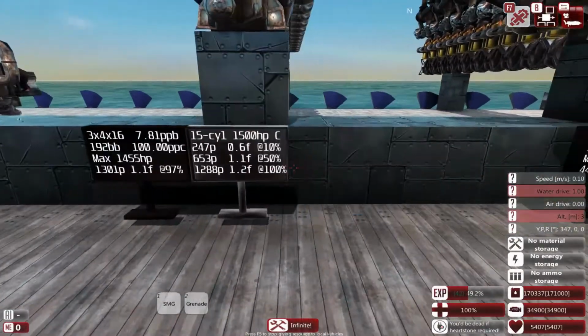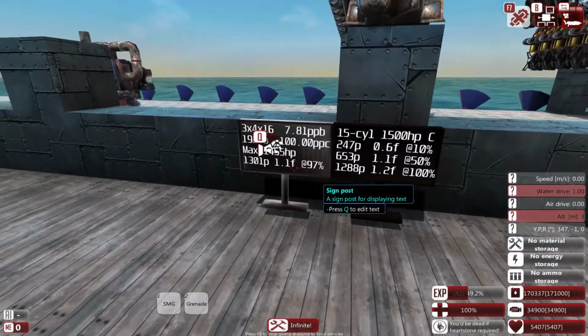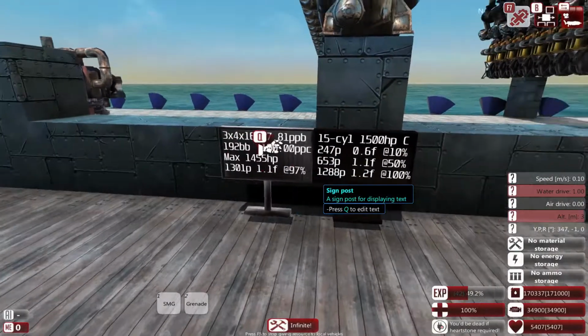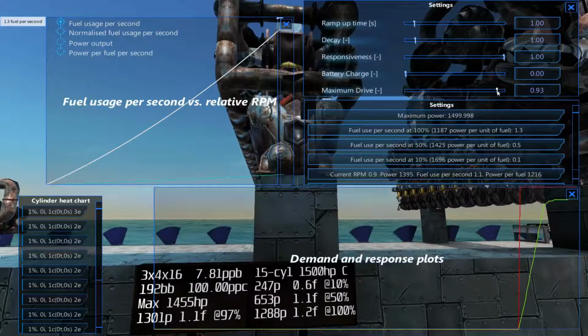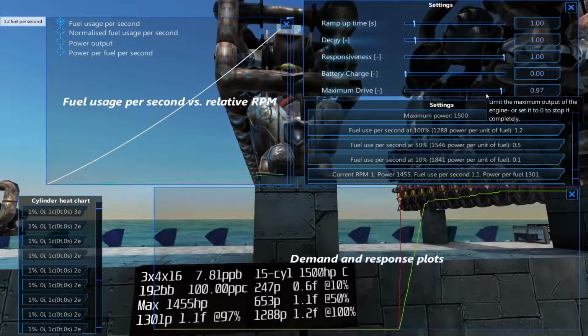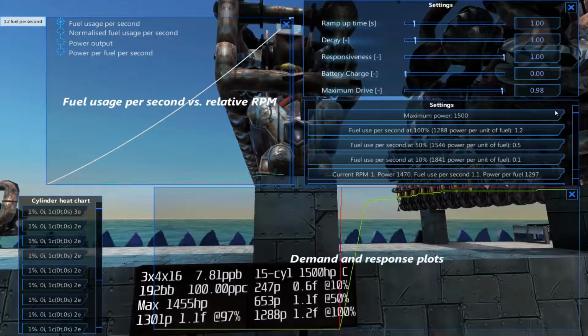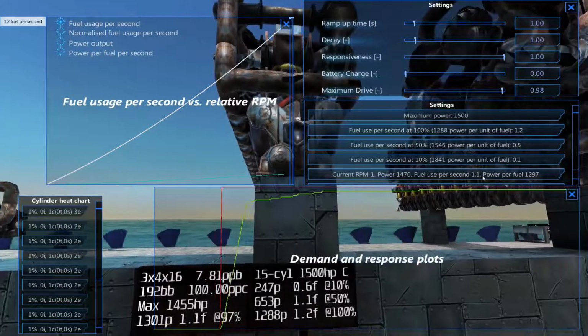And what I would argue is that this motor uses the maximum fuel efficiency at 1.1, so at 97%. So we'll look at that on the curve. At 97% is 1301. If I go up to 98%, it's 1292, but it still uses 1.1 fuel.